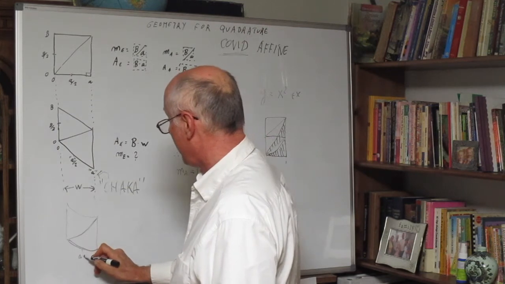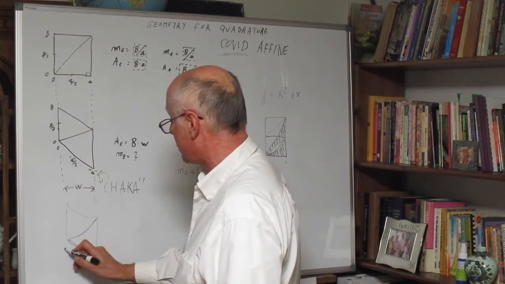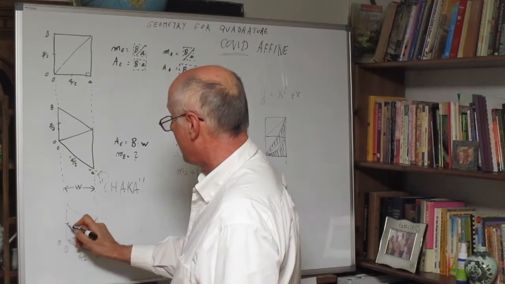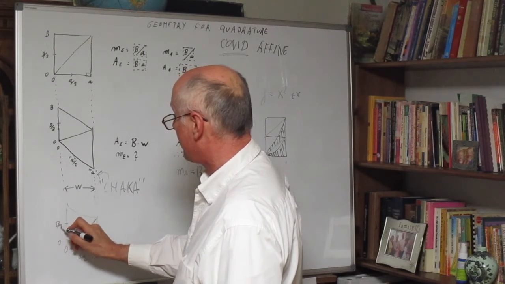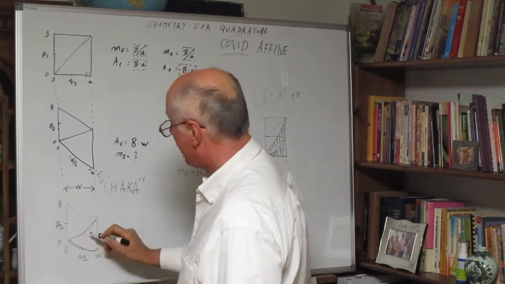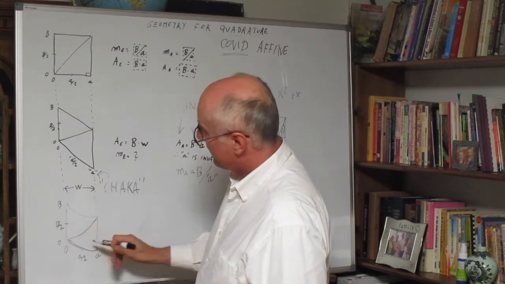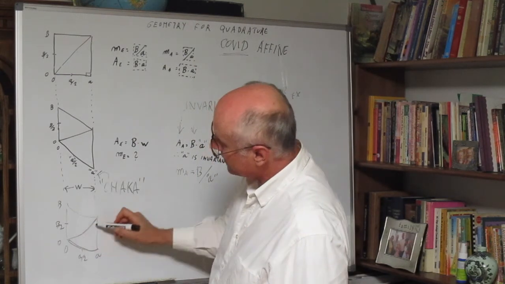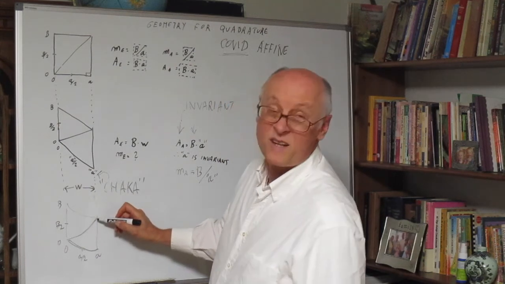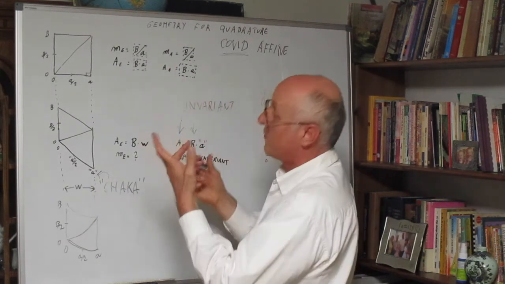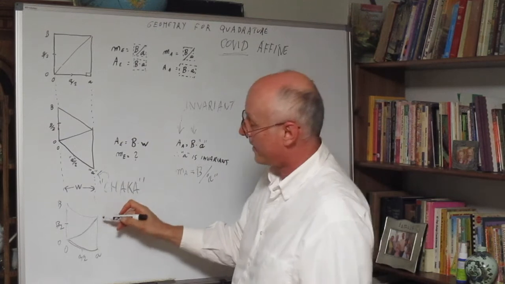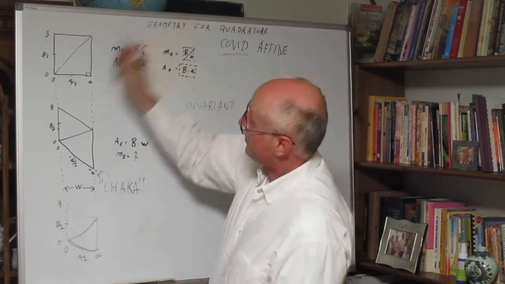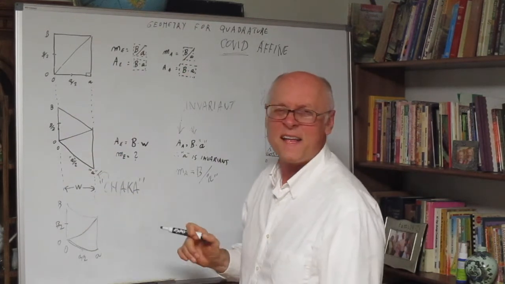So here's A over 2, A, 0, 0, B over 2, B, right? And if you plot it in here, it looks like this. It's curved. Notice our diagonal, which before, to a Euclidean perspective, looked straight as an arrow.